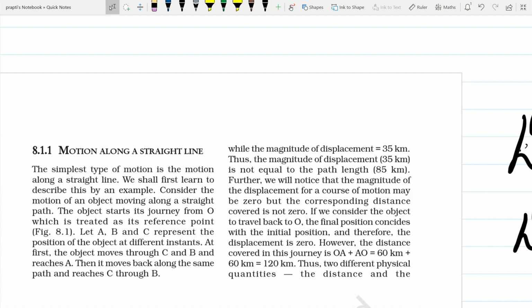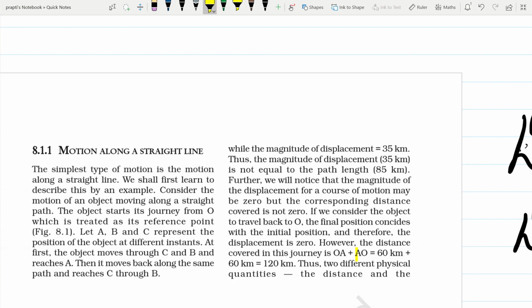Further, we will notice that the magnitude of the displacement for a course of motion may be 0, but the corresponding distance covered is not zero. If we consider the object to travel back to O, the final position coincides with the initial position and therefore the displacement is zero.